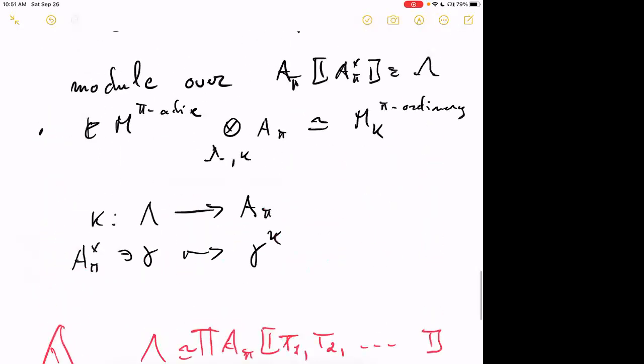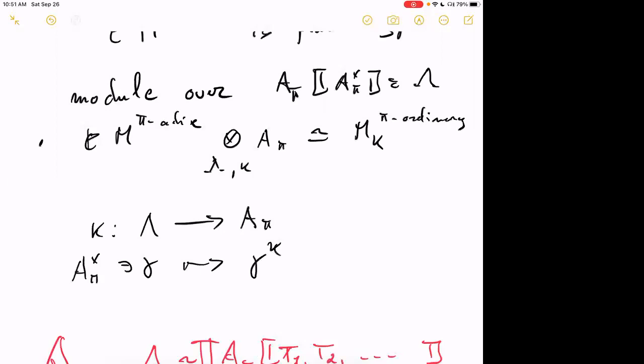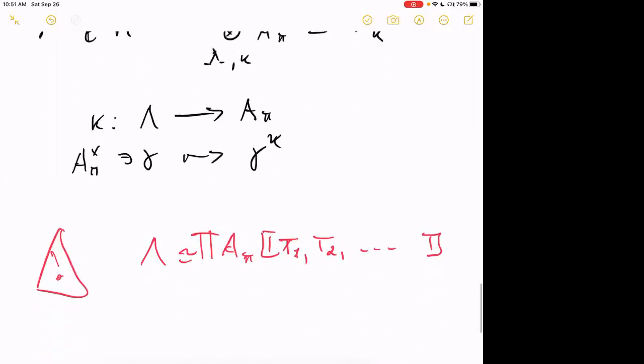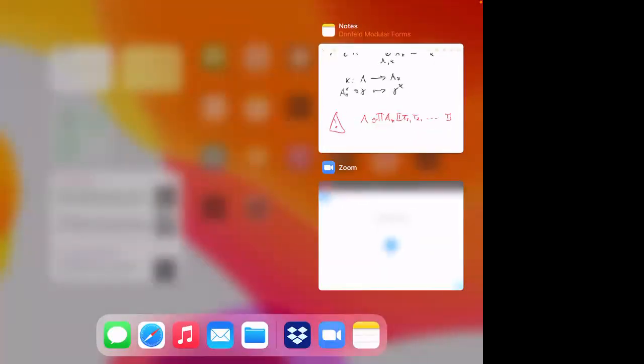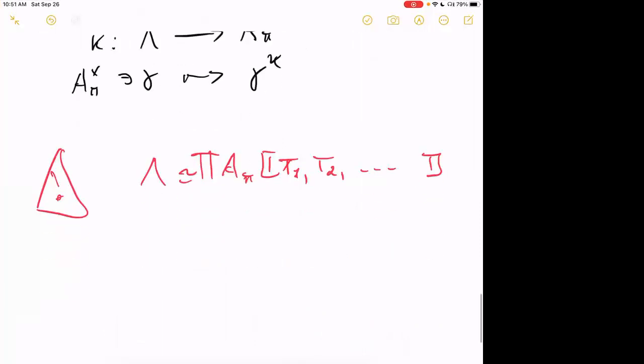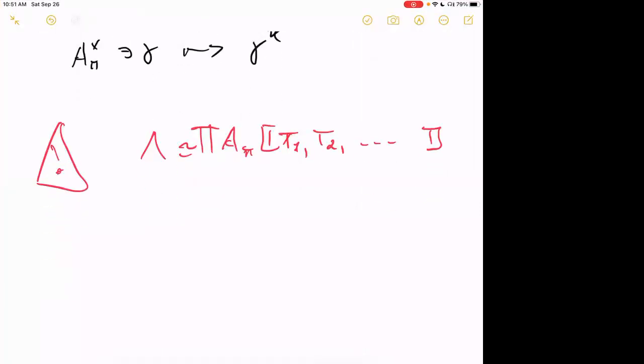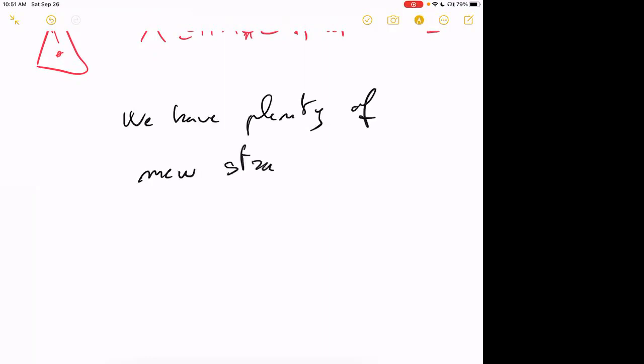The good news is that these points are still dense. The integer weights are still dense. And so this module is completely determined by the classical specialization, but still we have plenty of new, strange pi-adic forms.